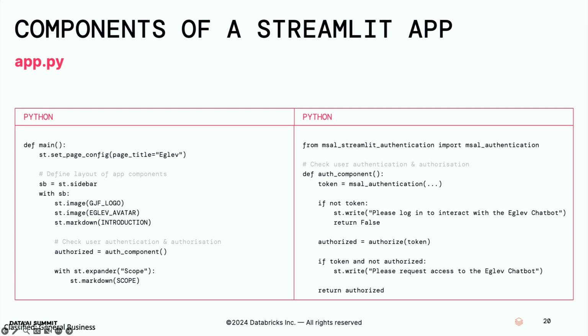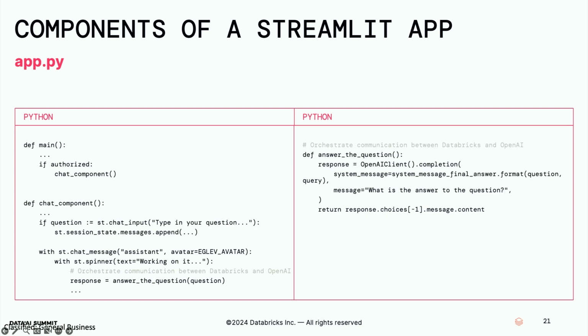Here we can very easily just use our Azure authentication to log in users. So it's very little code that we need in total. It's very easy to understand for our users. That's perfect. We need a little bit more.